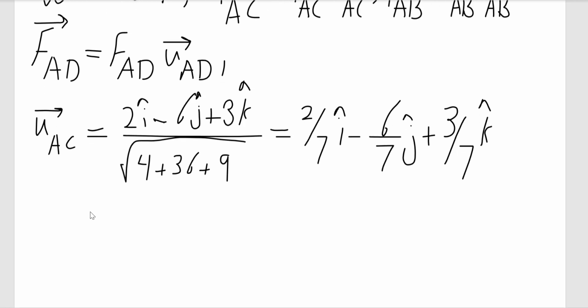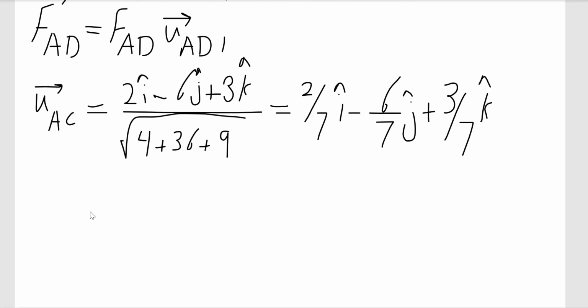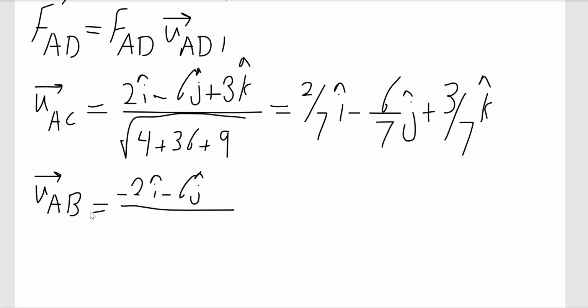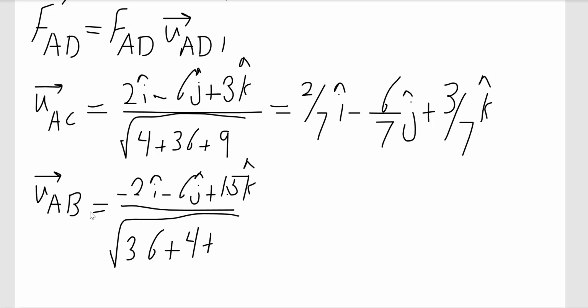Now I'm going to write UAB and UAD. By now you should be comfortable writing the unit vectors, because that's very important. We do it throughout this course. -2I, -6J, that's the position vector, plus 1.5K. And then the square root of 36 plus 4 plus 2.25.